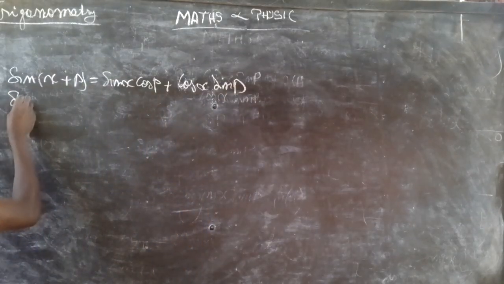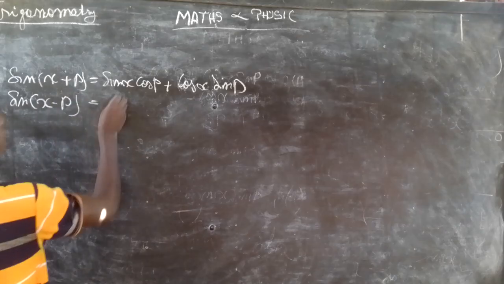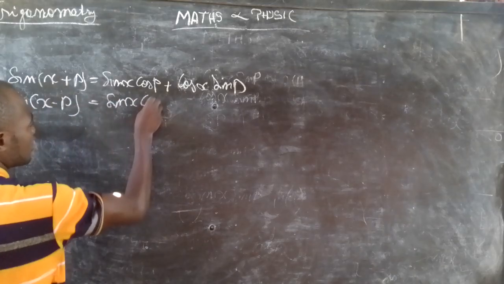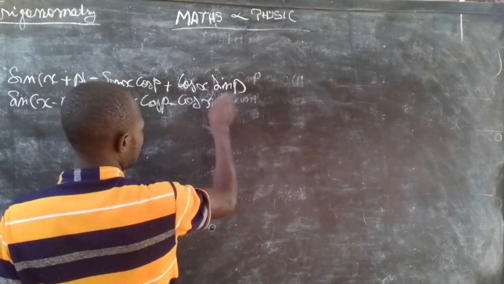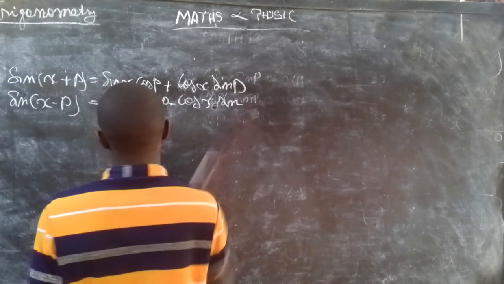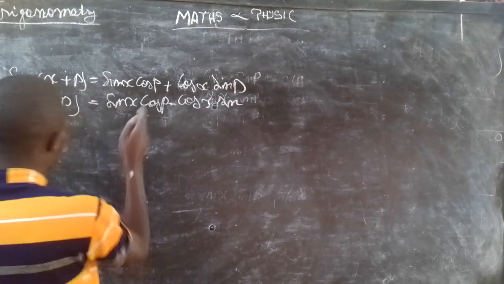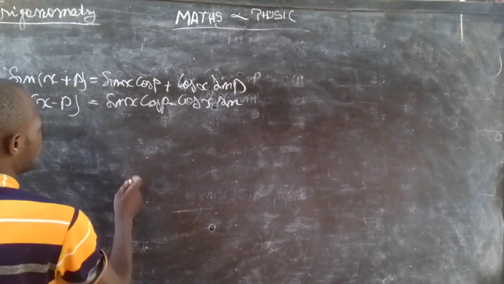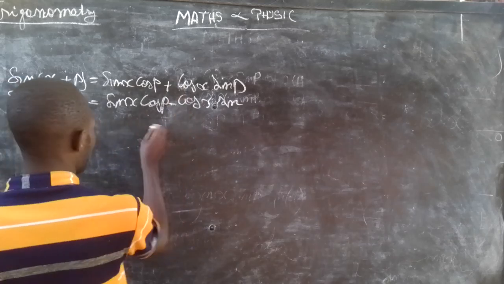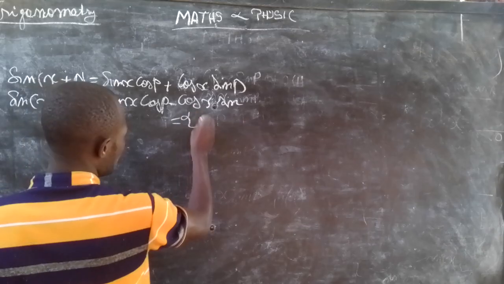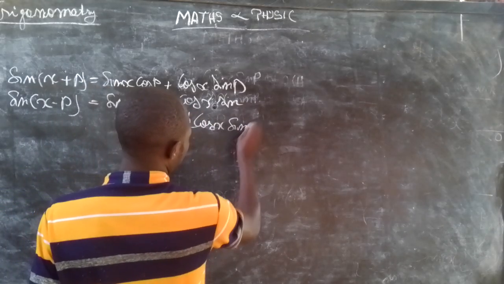Also sine of x minus p will be equal to sine x cosine p minus cosine x sine p. If we make a subtraction here, this will be equal to 2 cosine x sine p.